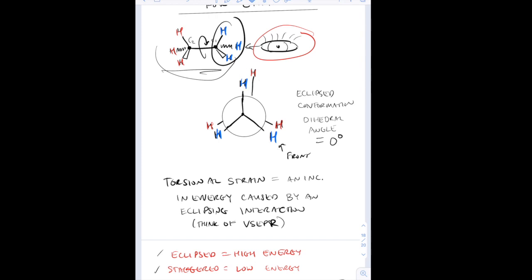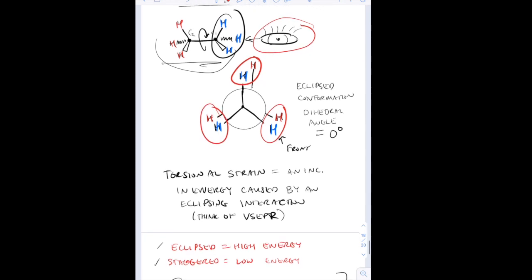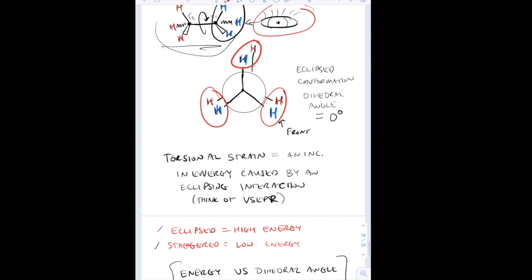Let me erase this again for you. This is one hydrogen-hydrogen eclipsed bond, this is another, and this is another. Each one of those is associated with 4 kilojoules per mole.